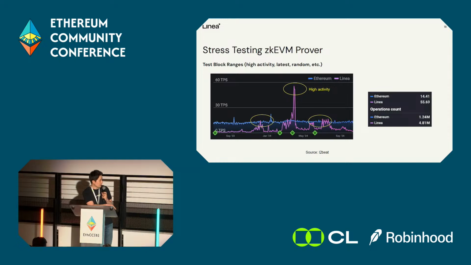And sometimes we have higher TPS than Ethereum. So in this case, we had a kind of events during this time. So when I test some traces around this area, the trace size is very small, and there are not many opcodes or operations used. So it's not efficient enough when you have limited time of testing.